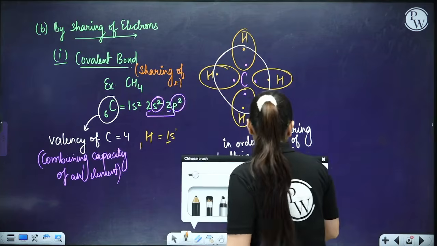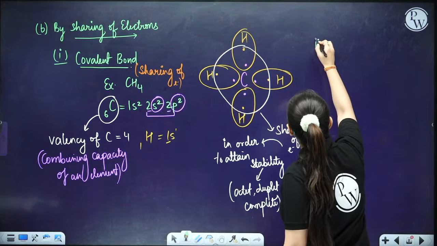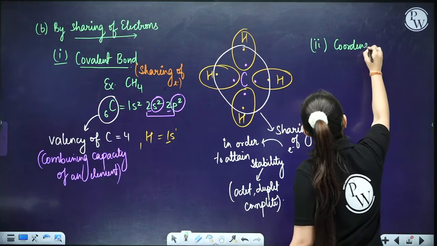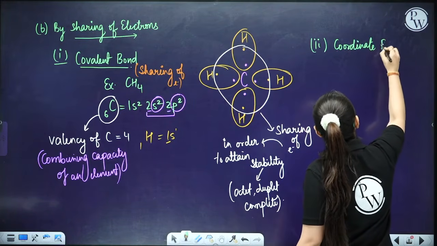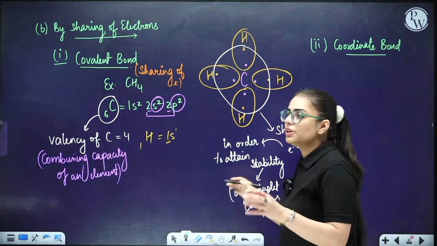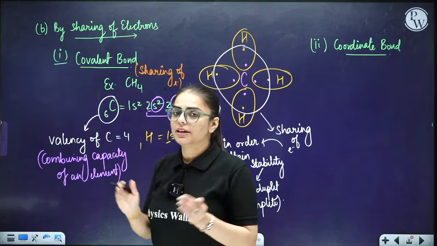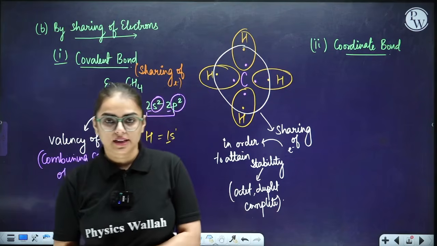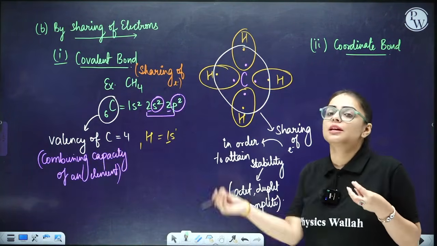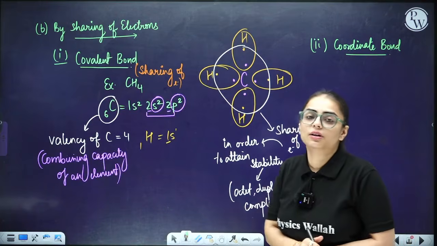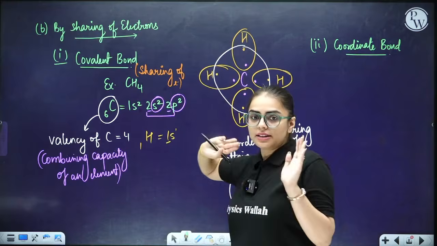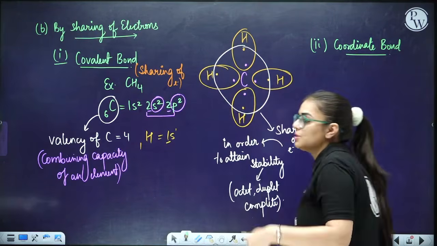Now comes the second type, that is coordinate bond. Students, coordinate bond is also referred to as dative bond. Now understand, in covalent bond, 2 atoms are sharing their electrons with each other and creating a bond. But in coordinate bond, only one atom is donating electrons.